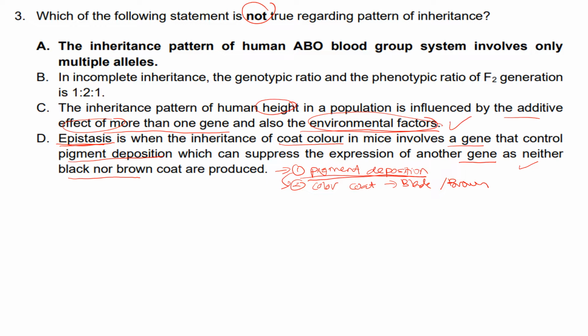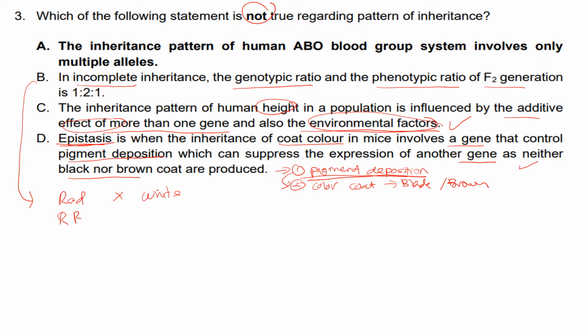For B, in incomplete dominance, the genotypic ratio and the phenotypic ratio of the F2 generation is 1 to 2 to 1. For example, you cross a flower that has red color with a flower with white color.